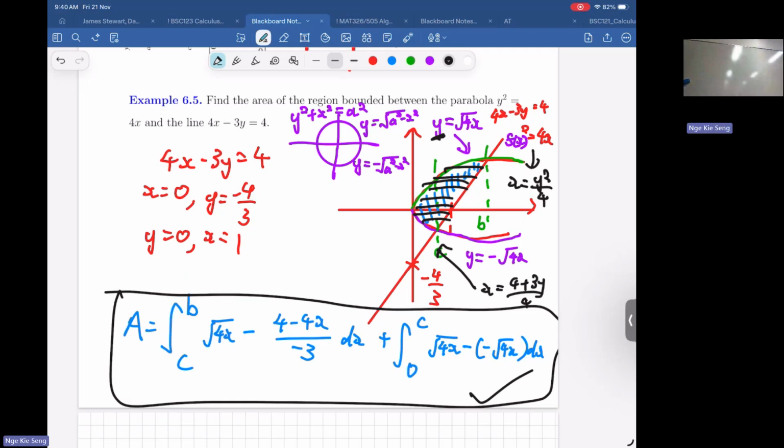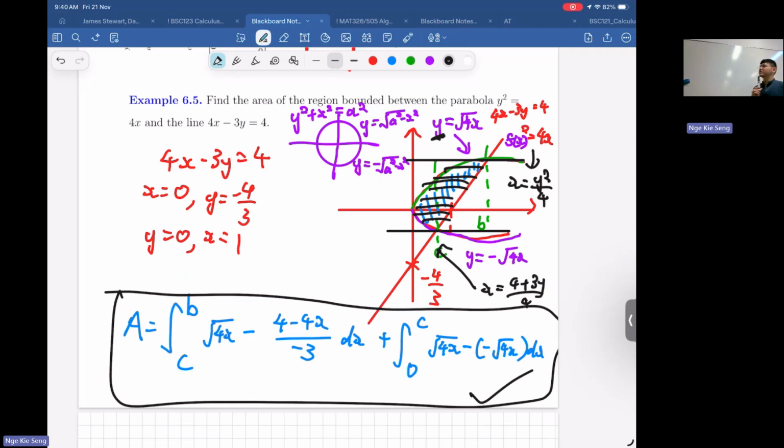So you can notice that for the region of y, where is the y we want to find here? There are two horizontal lines we need to determine. One of them is the top one, and the other one is the bottom one.